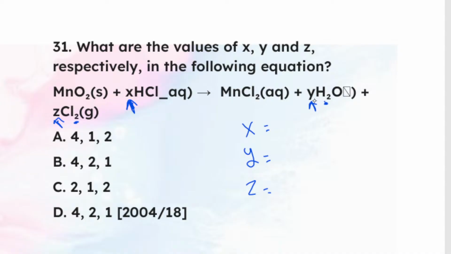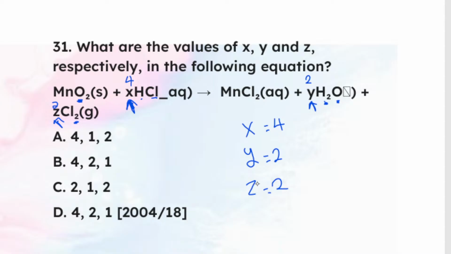So if we had to balance out this equation, x will have to be 4, because then we get 4 hydrogen, which makes sense because we can balance y as 2 to make 4 hydrogen. That would make 2 oxygen here, but we're good because we have 2 oxygen here. And the 4 will make 4 chlorine here, but that's fine. We can just make z a 2. So our answer is 4, 2, and 2.